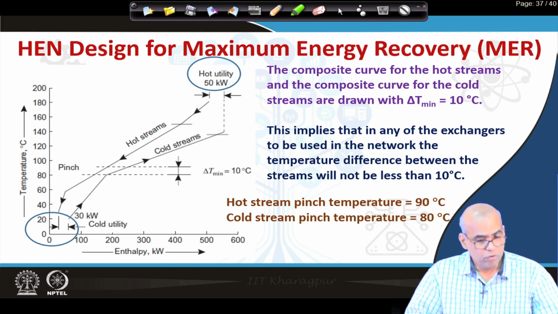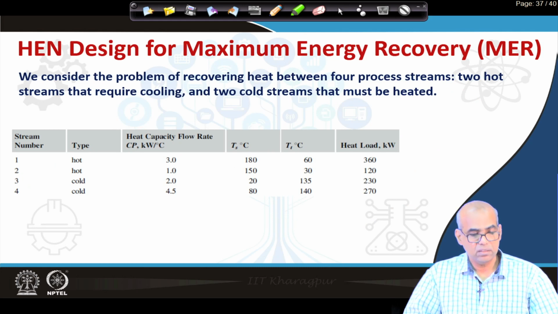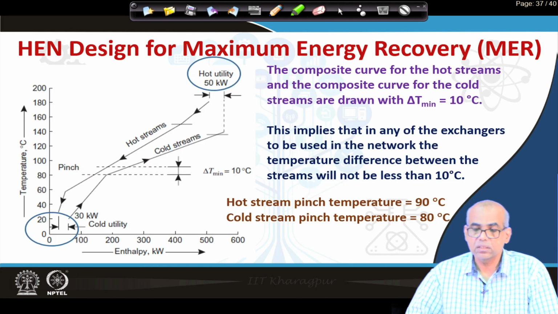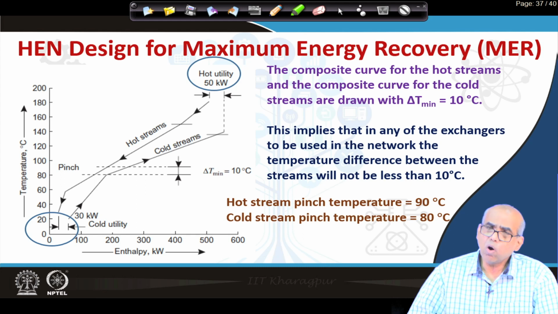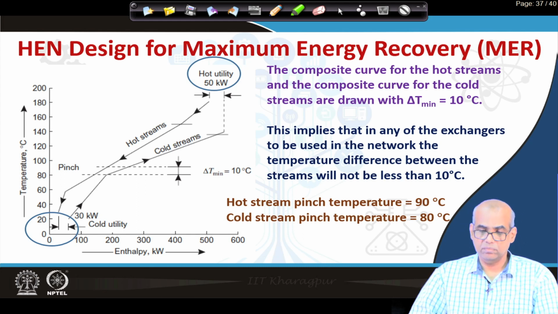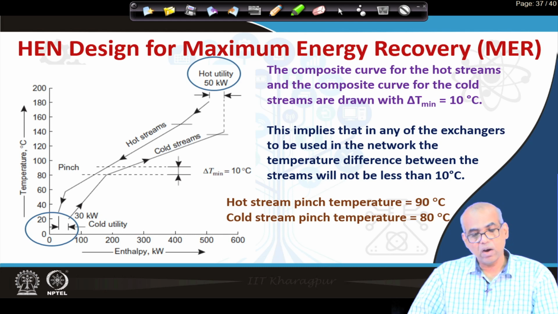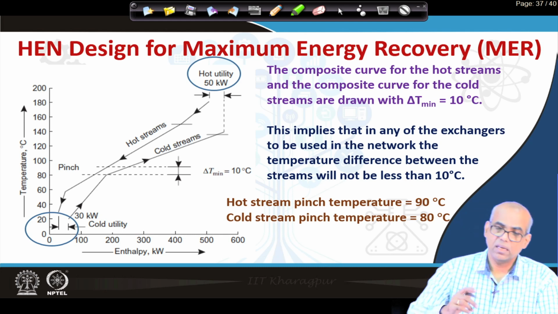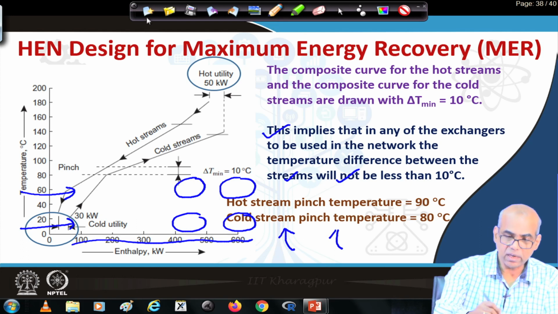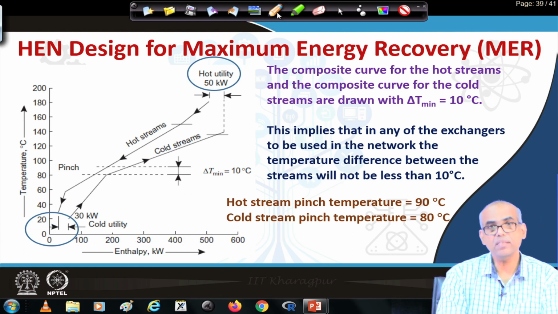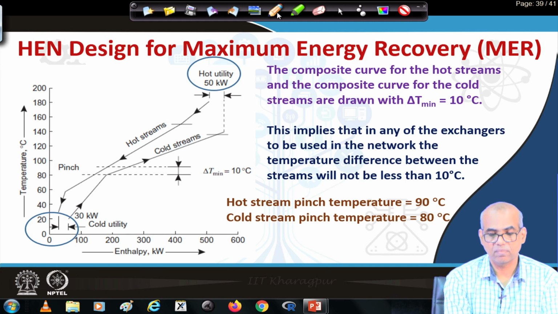Now, if we consider this data and analyze this using composite curves or using the problem table algorithm, for a given delta T minimum, we can obtain the hot utility target and cold utility target as well as the pinch temperatures.